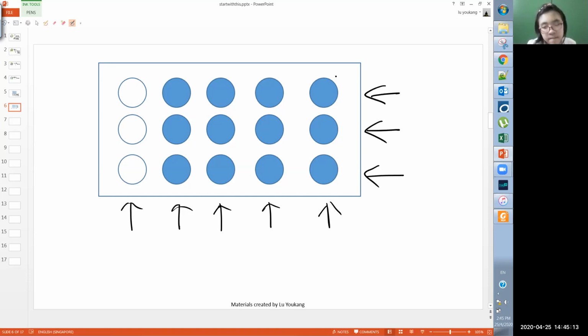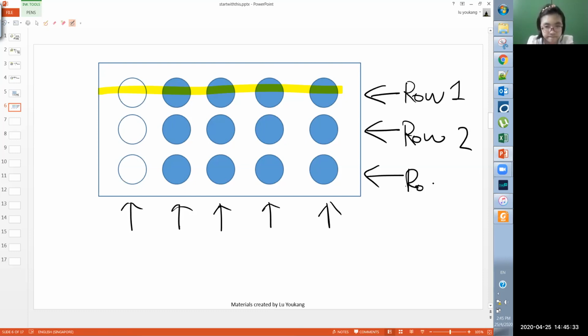Okay, this one is called your row 1, right? By the way, horizontally is called a row. So you have row 1, row 2, and then subsequently row 3.